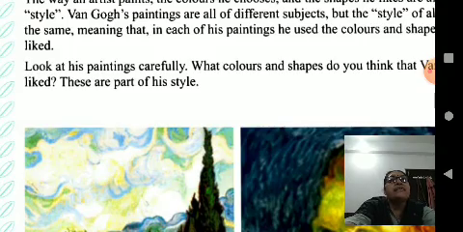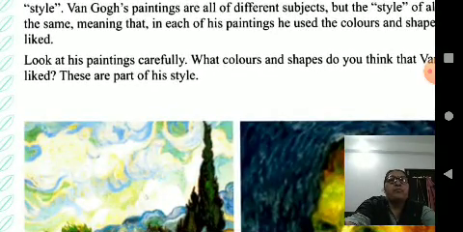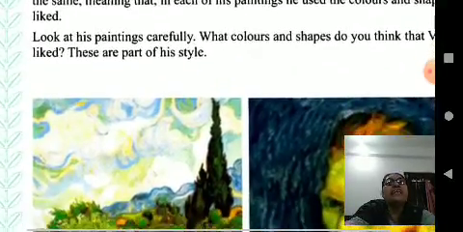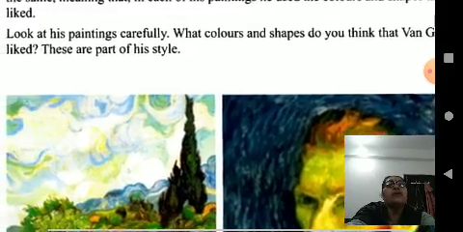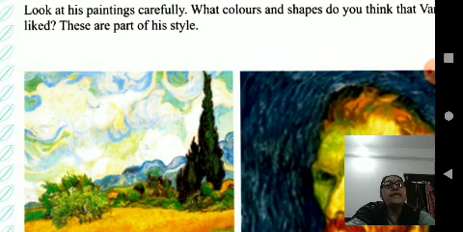Van Gogh's paintings are all of different subjects, but the style of all three is the same, meaning that in each of his paintings he used the colors and shapes that he liked. Look at his paintings carefully. What colors and shapes do you think Van Gogh liked? These are part of his style.